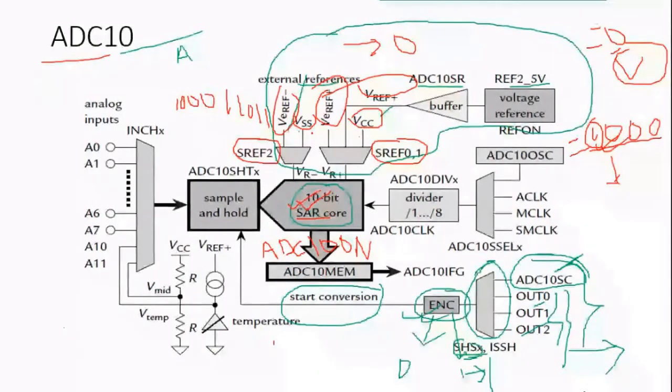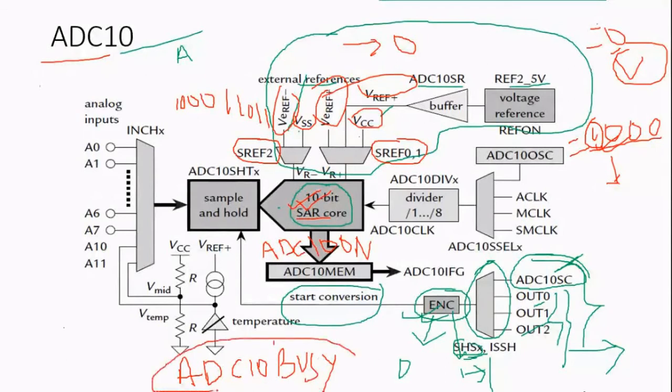Okay. Now next is one flag, ADC10BUSY. This flag is used to show whether conversion is in progress or not.